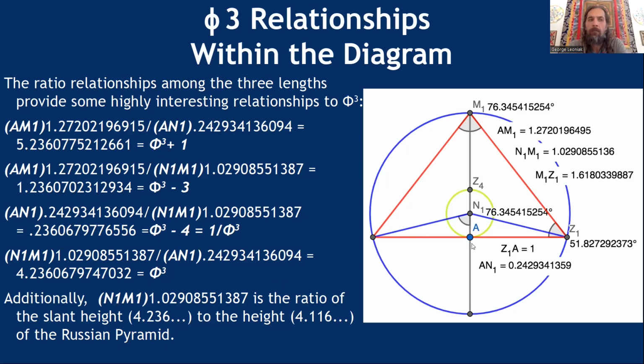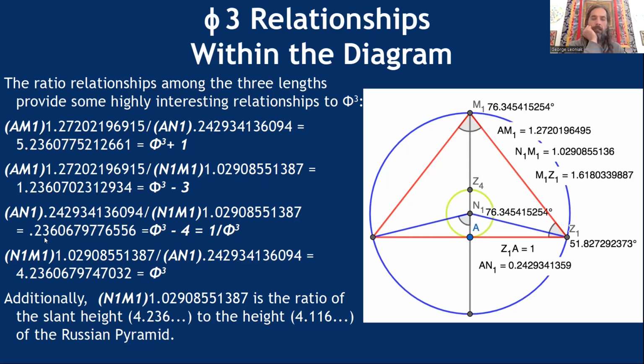If we look at AM1 again and relate that to NM1, we're dividing 1.272 by 1.029, and we get a relationship of 1.236, which is phi cubed minus 3.